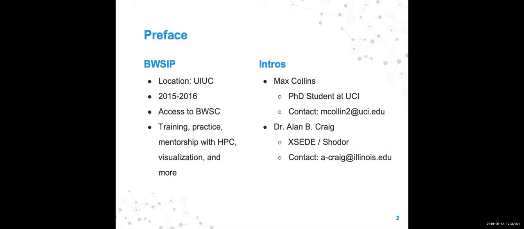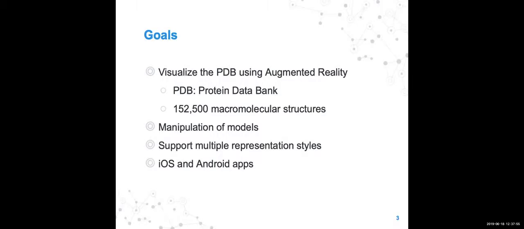So you can see we actually created this application, and some of our goals were to allow us to see data that's housed at the Protein Data Bank. The Protein Data Bank is a database of molecular information and structures, and there's a lot of things out there.